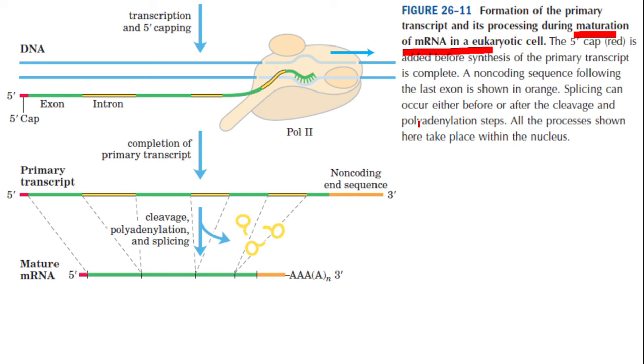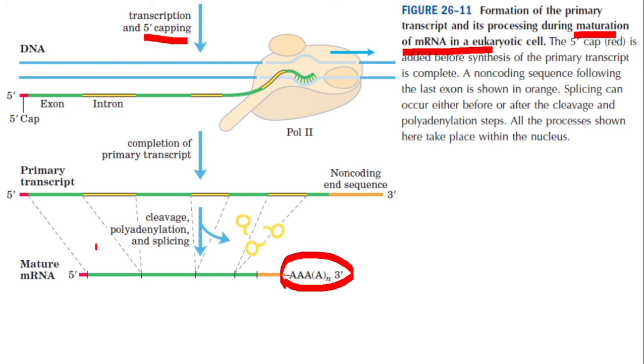In a eukaryotic cell, once the mRNA is produced, it is given a cap, a 5-methyl guanosine cap on the 5' end of the mRNA, and it is given a poly A tail, a region having several adenines, added at the 3' end.